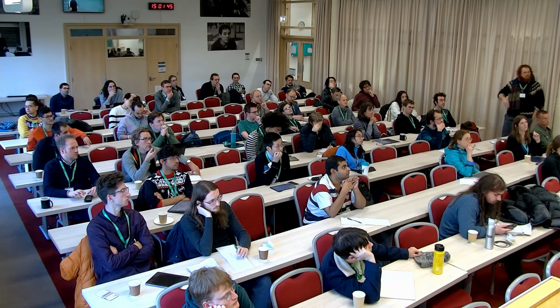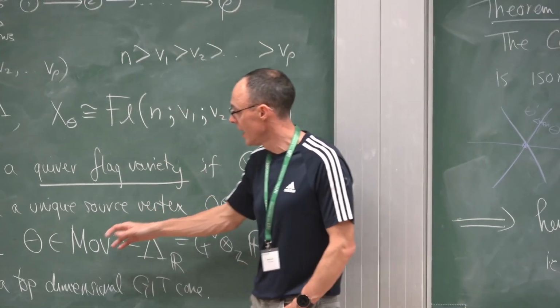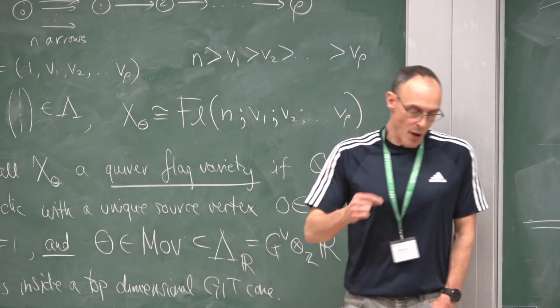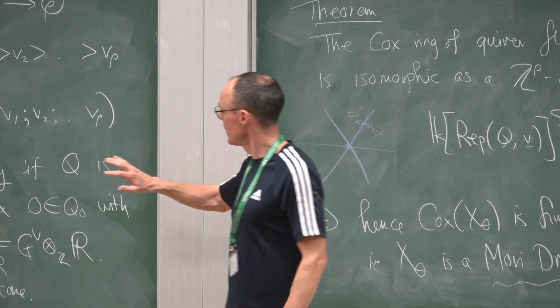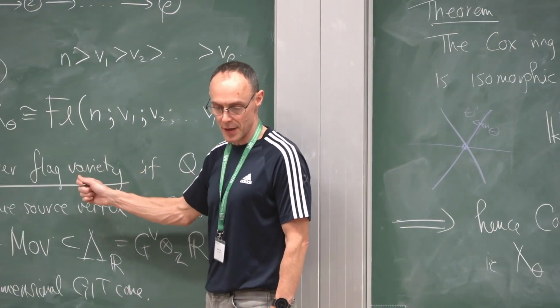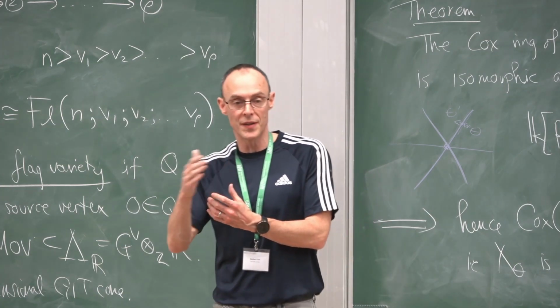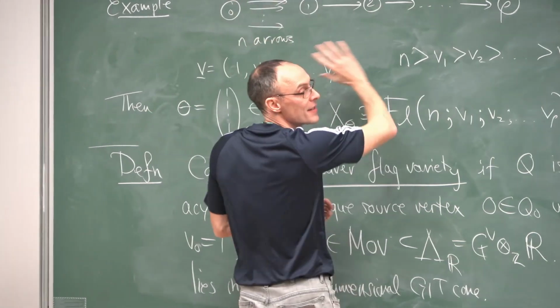So, excellent. A quiver flag variety, in fact the original definition of a quiver flag variety, is so that theta is 1, 1, 1, 1. For that particular theta, if I send some of the coordinates, a sink in our quiver, if I send it from 1 to 0, I'm actually inducing a morphism exactly like in this flag.